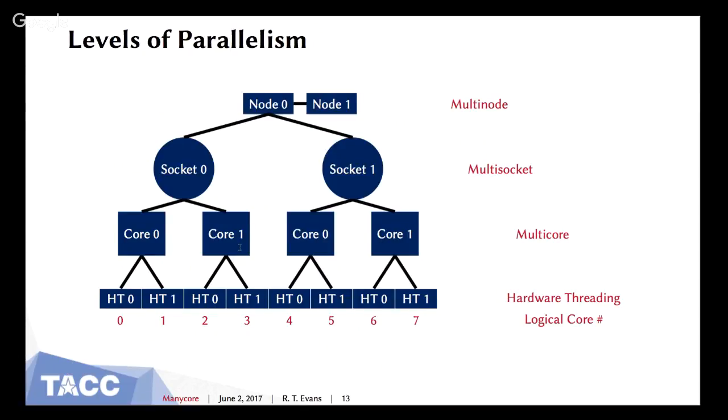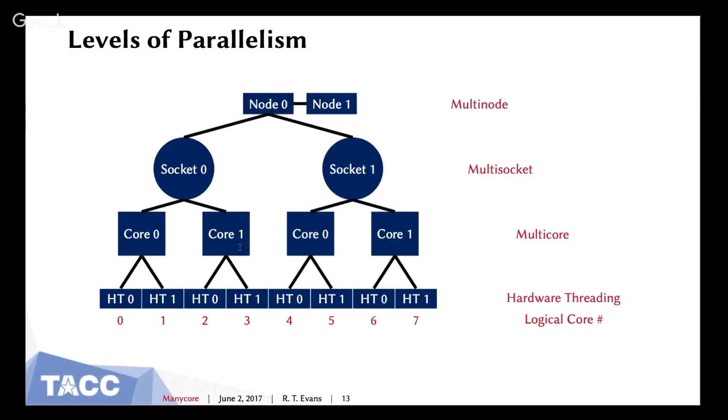So this is just a graphic of what I just talked about, the different hierarchies. Another thing that makes this difficult, at least in my mind, is that I have all these levels of hierarchy, and how I handle them is different for each level. At the top level, I'm probably using MPI to communicate between nodes. At the core level, I'm using MPI and some sort of multi-threading tool.